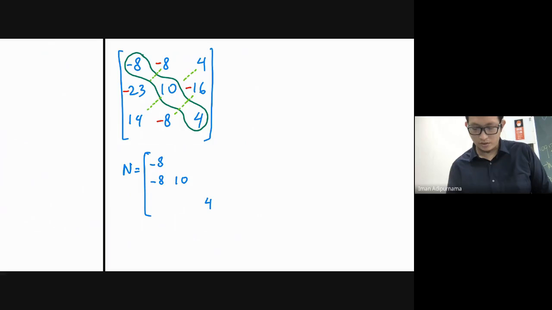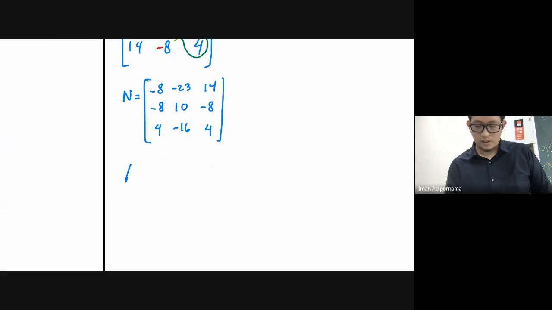And this becomes negative 8, and this becomes 4, and this becomes negative 23, this becomes 14, and this becomes negative 16, this becomes negative 8. And the A inverse is 1 over the determinant multiplied by this N, the inverse.